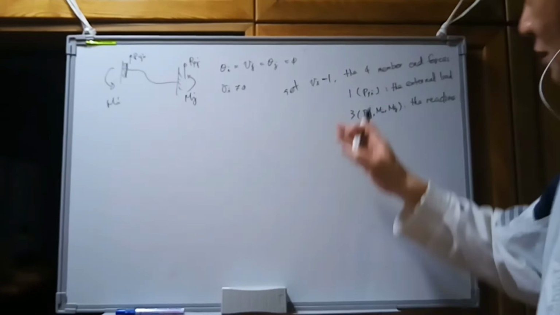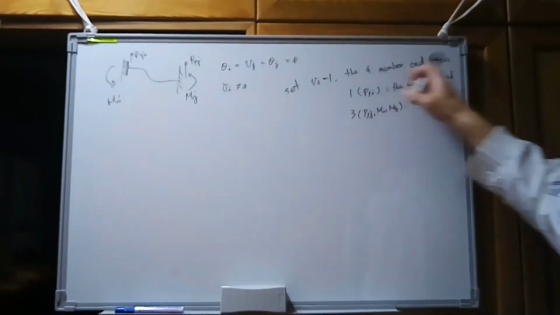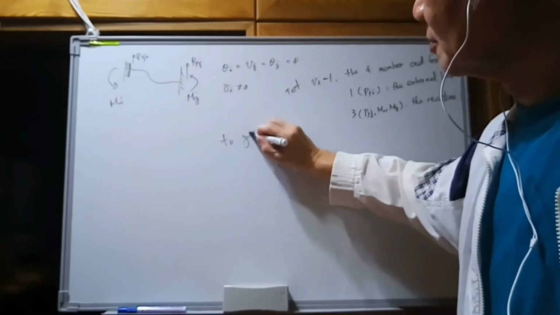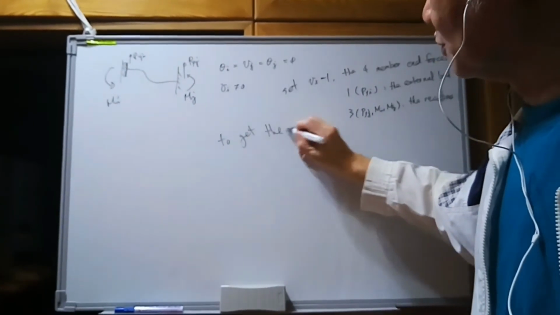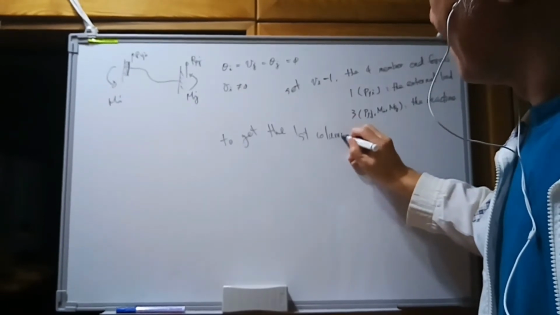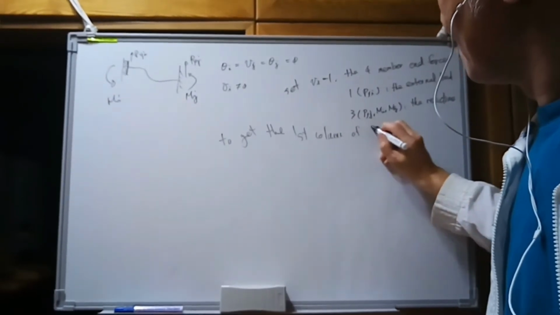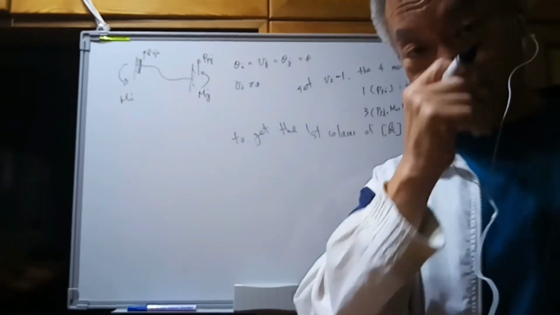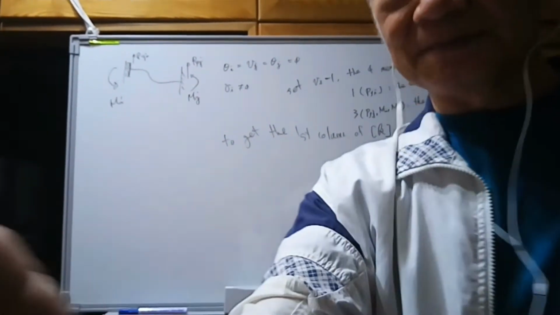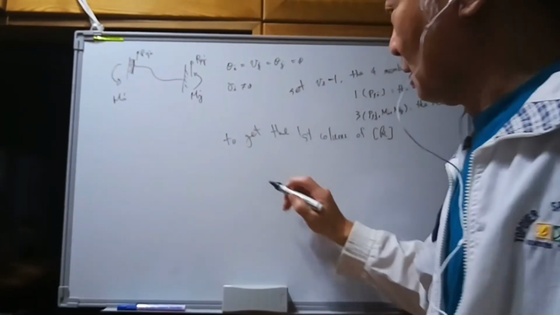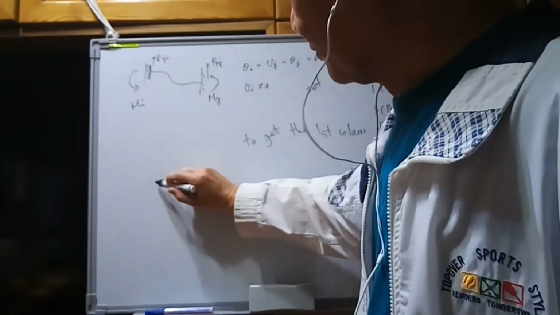If you can solve these four end forces, then you can get the first column of the K matrix. Also, you can solve the other cases.